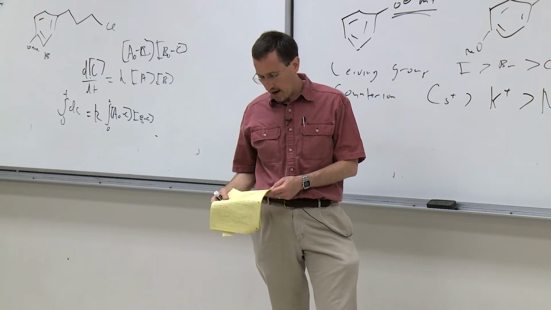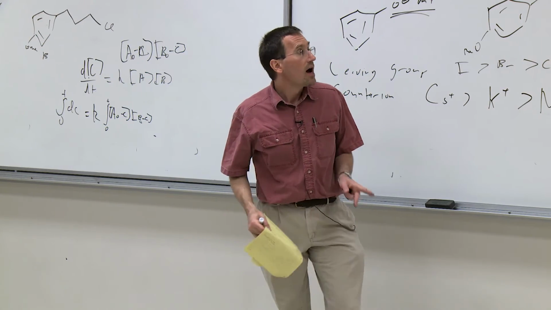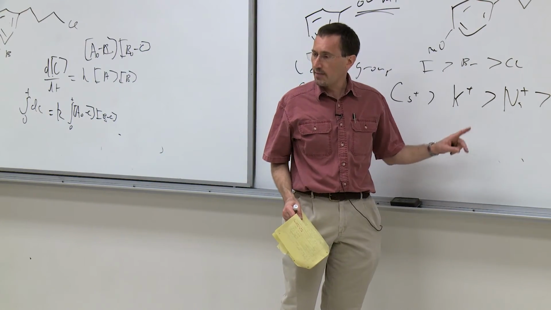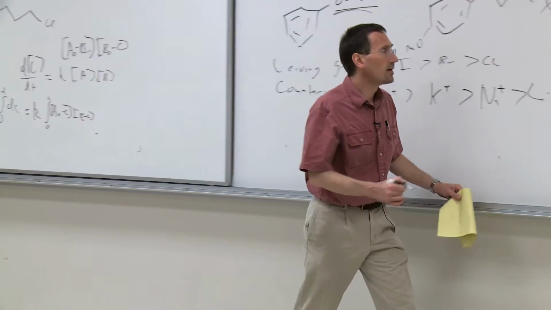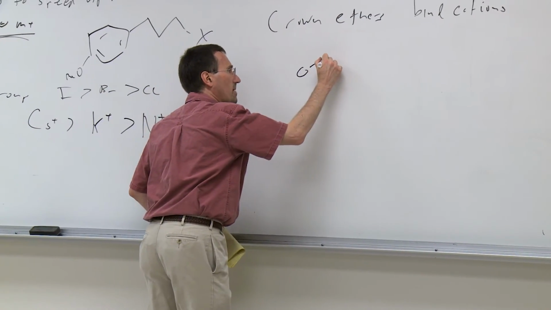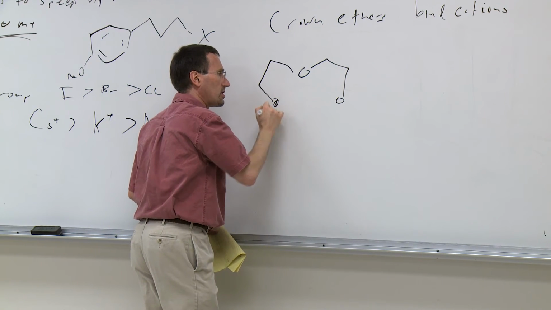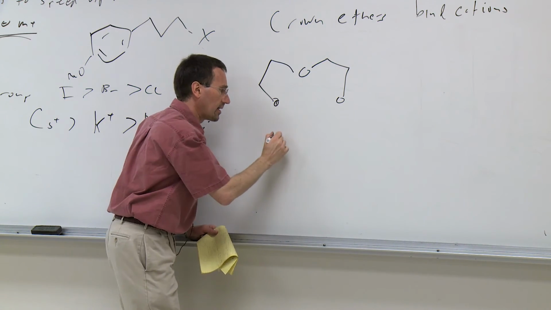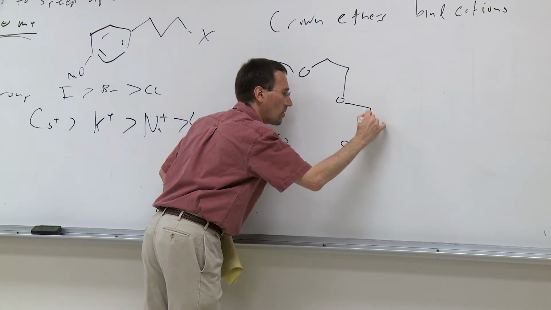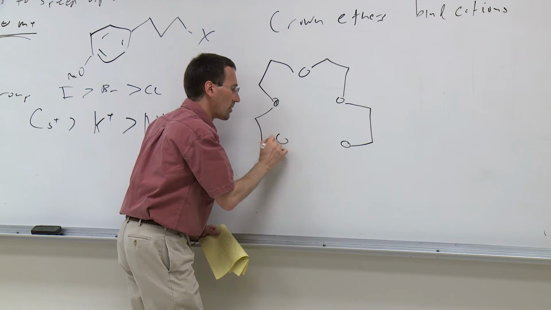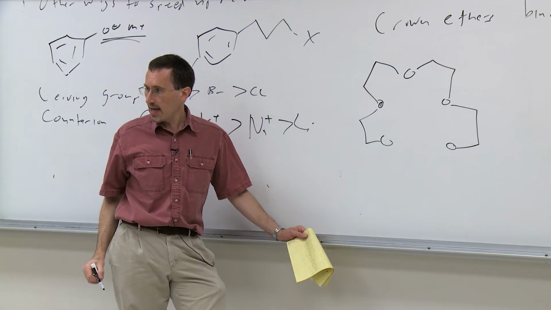I think he was at DuPont. I've forgotten his first name. Pedersen discovered this phenomenon with acyclic compounds that were based on ethylene glycol oligomers. And if you have an acyclic ethylene glycol compound, a polyether, it's good at binding cations.